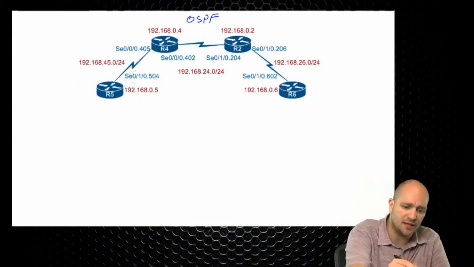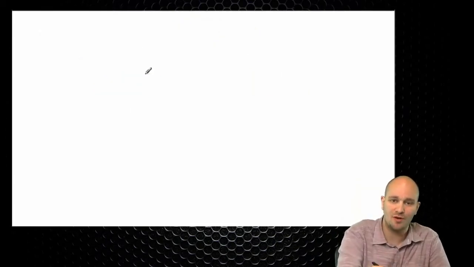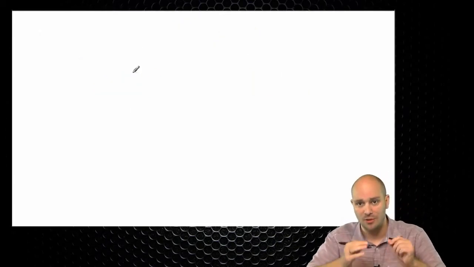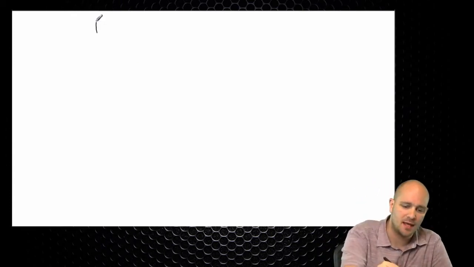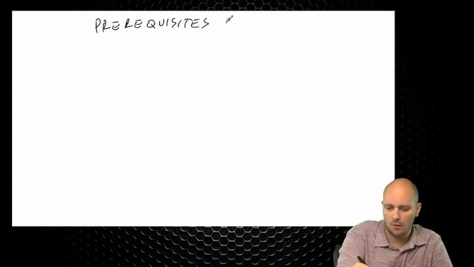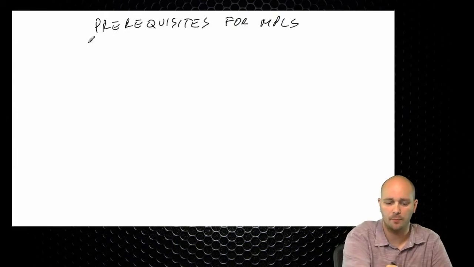Now, another prerequisite, so I'm just going to write this now because we are talking about the practical aspects of MPLS. Pardon my spelling, I'm not entirely sure that I spelled that correctly.